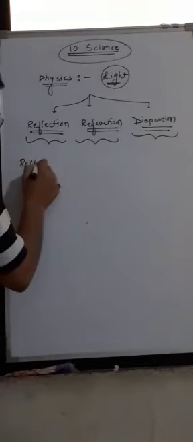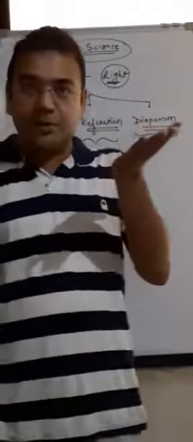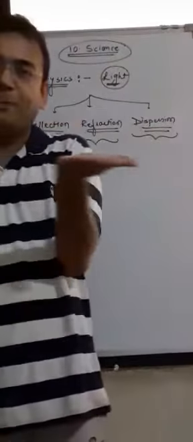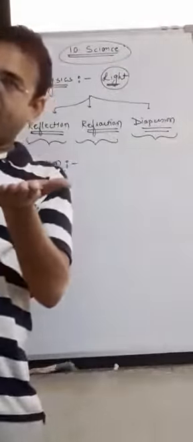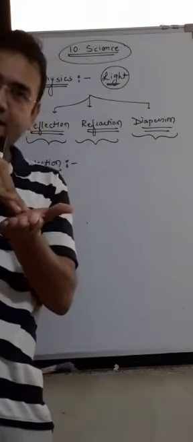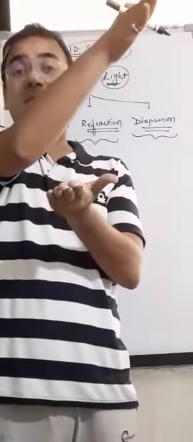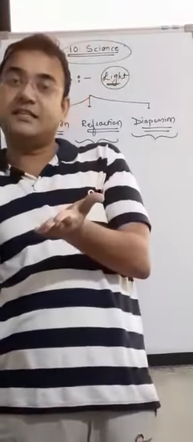It's reflection. When you hear the word reflection, what comes to your mind? Simply, suppose I have an opaque surface and light is incident on it, and it bounces back in the same medium, making the same incident angle and reflected angle.